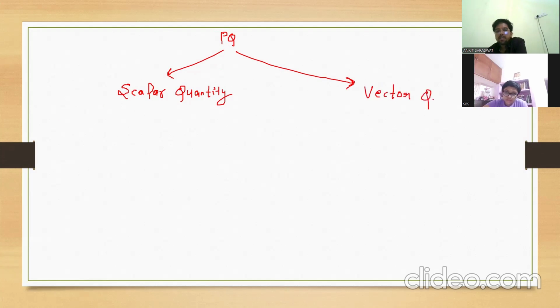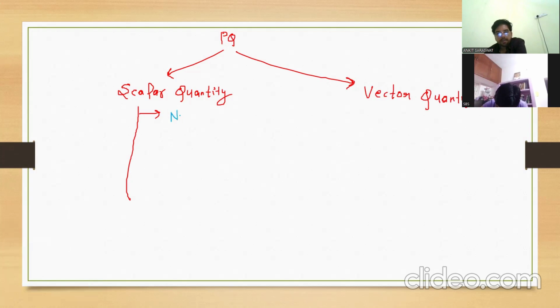What is the difference between scalar and vector quantity? So write down. A scalar quantity has numerical value only. There is no direction.